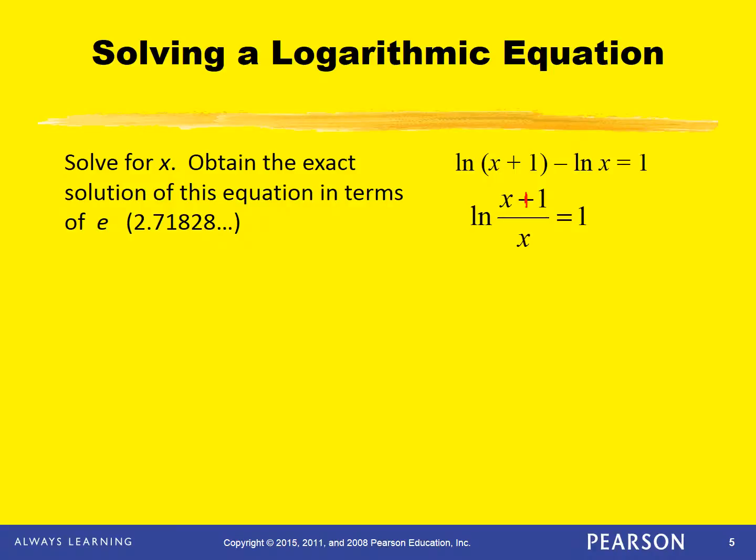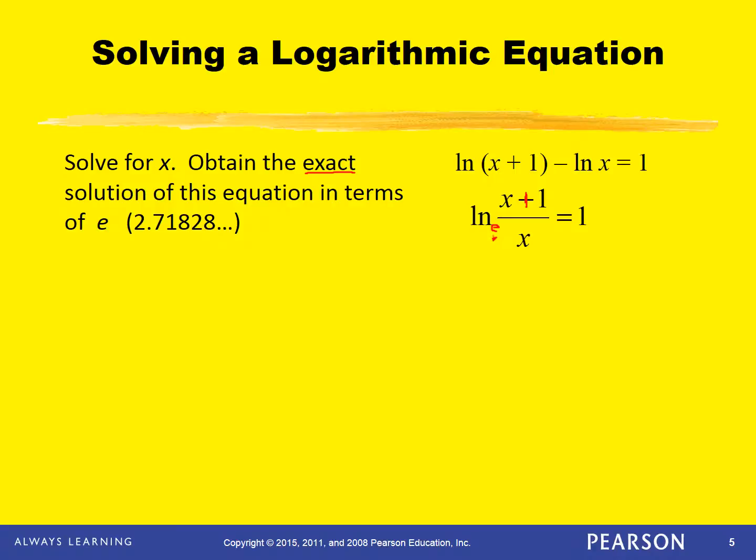We're trying to find x, right? We're trying to solve for x. They also tell us that we should obtain the exact solution. It's not going to be a decimal at the end. An exact solution in terms of e. Well, remember that the base of the natural logarithm is e. We're going to write the equivalent exponential form.